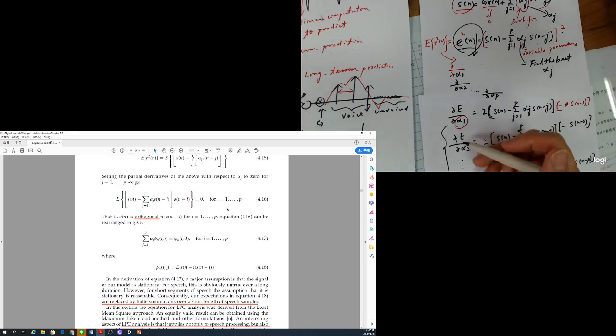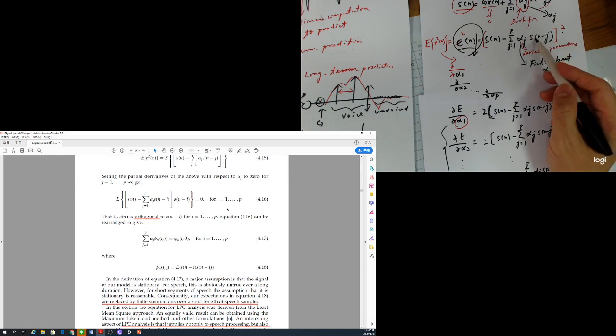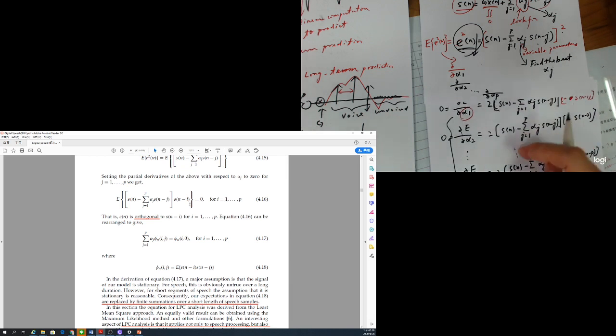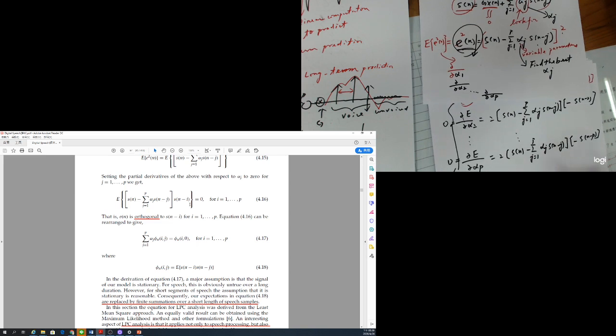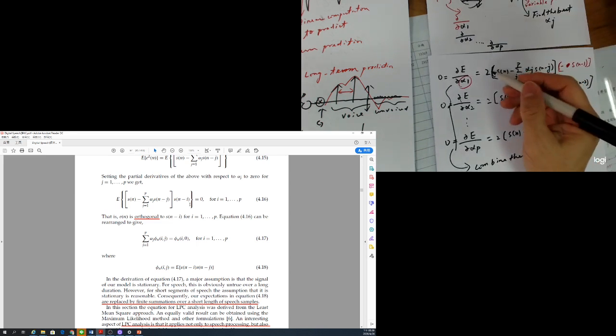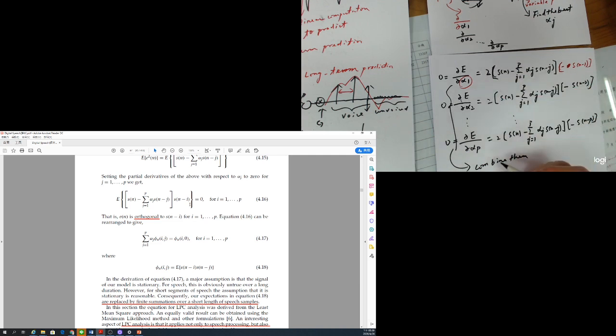Because they are polynomials of degree 2, we try to minimize, so we set them equal to 0, equal to 0, equal to 0. So we can get an equation like this one. You can see how they put them together. The leading 2 is okay, it's a constant, so we do not consider that one.